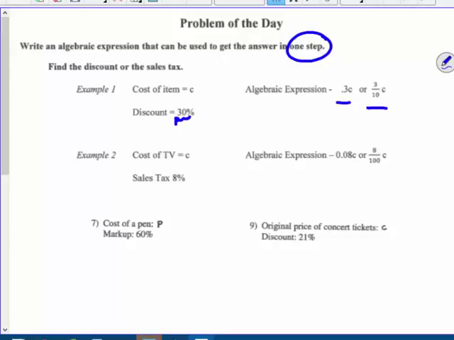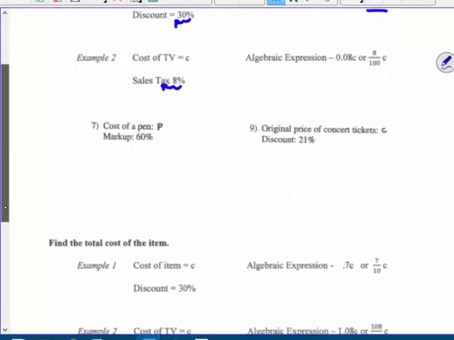The cost of a television with a cost, I don't know, of C with sales tax of 8%. So again, moving that decimal, I'm going to get 8/100ths C, or the fraction 8/100ths C. Let's try this.